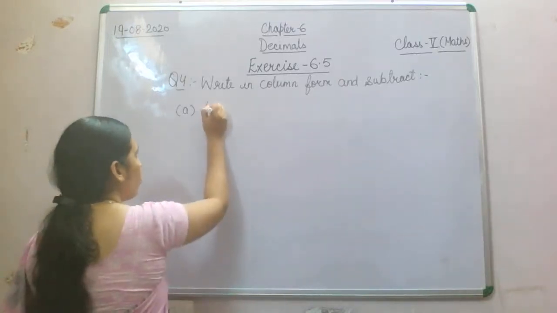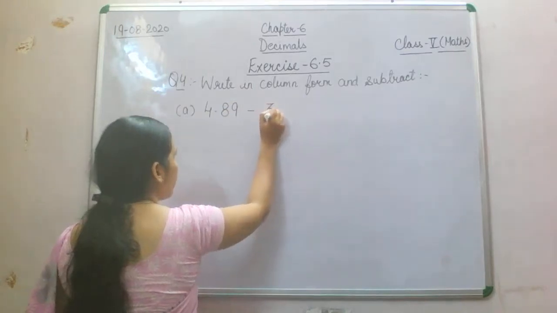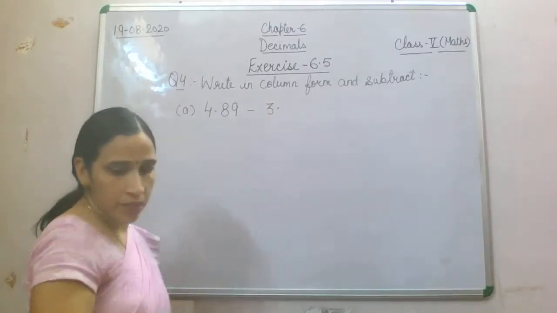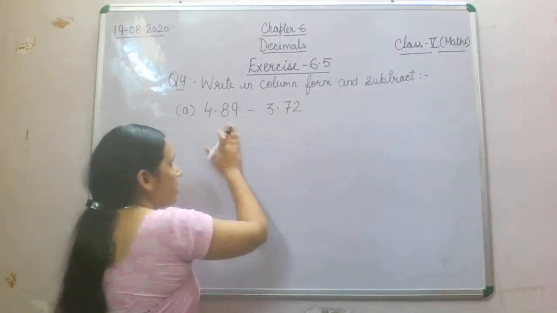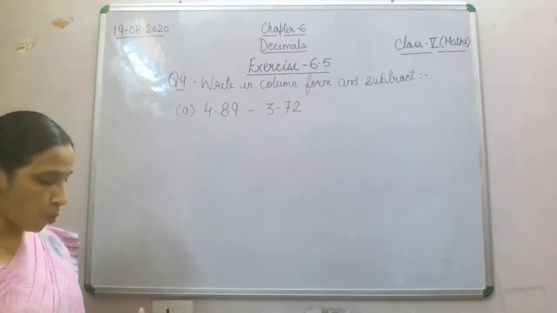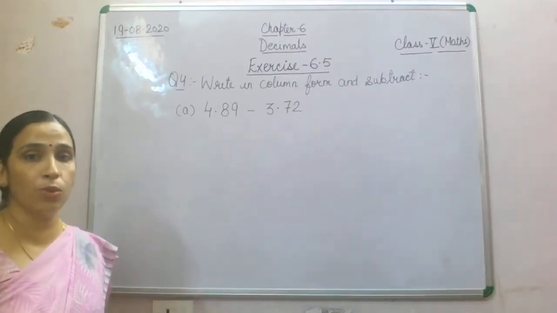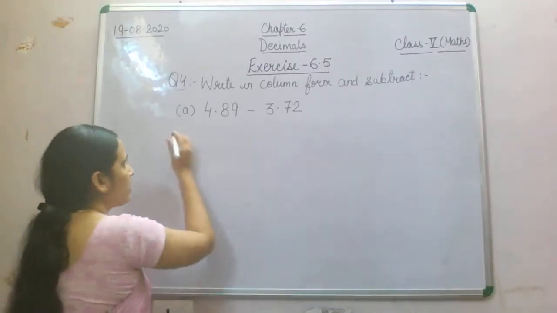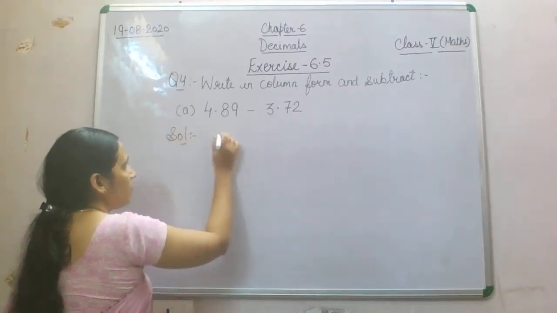Now here 4.89 minus 3.72. Now you can see in these two numbers, both numbers have two decimal places. So you don't require to change them into like decimals. They are already like decimals. So what you will do, you will just write the solution in your copy.